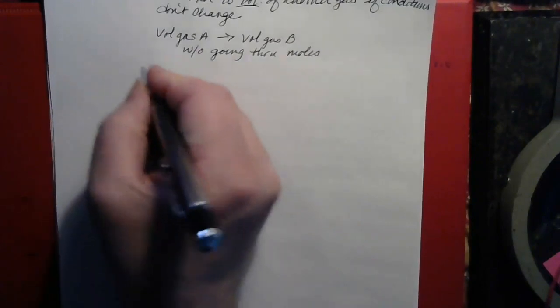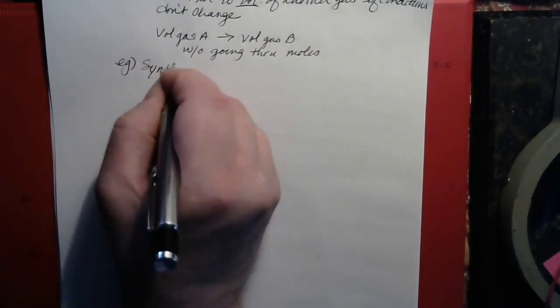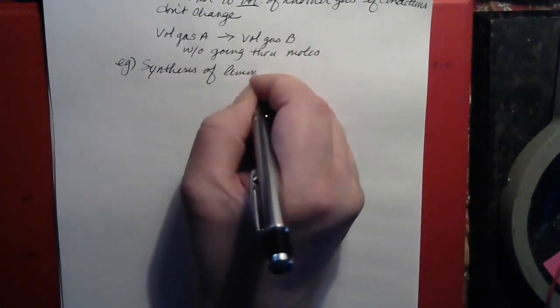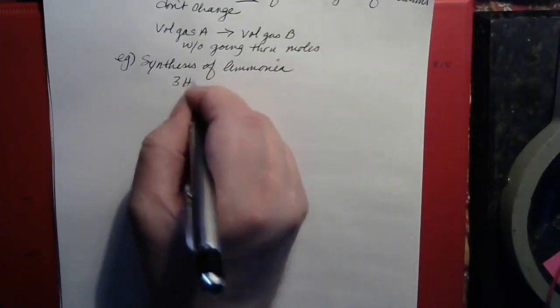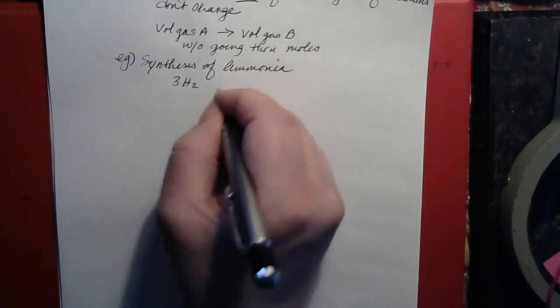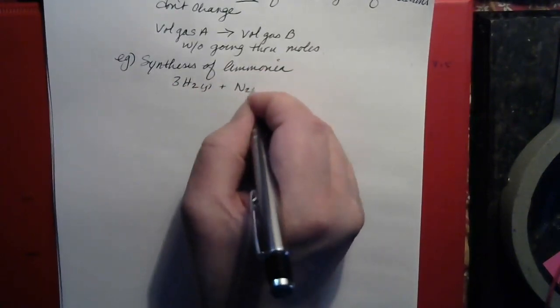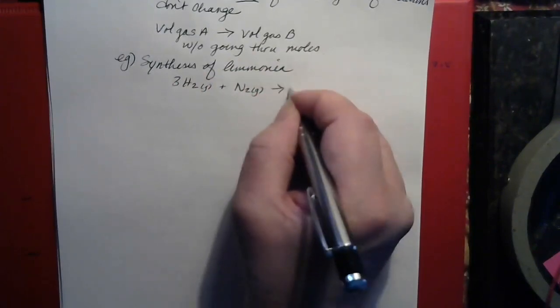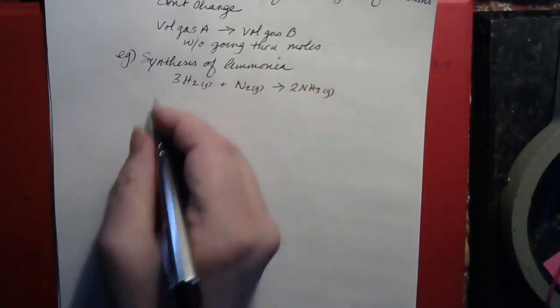Okay, so an example of that would be synthesis of ammonia, where you have 3 moles of hydrogen gas plus 1 mole of nitrogen gas going to produce 2 moles of NH3 gas.